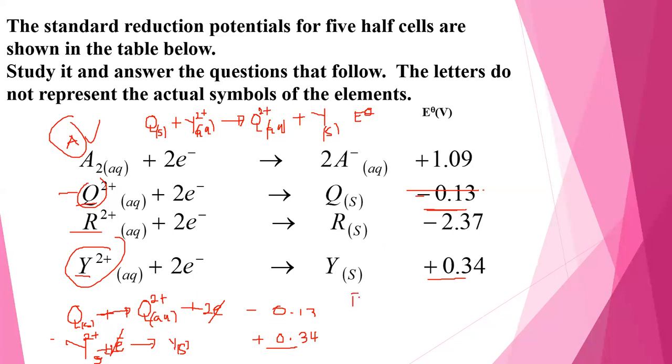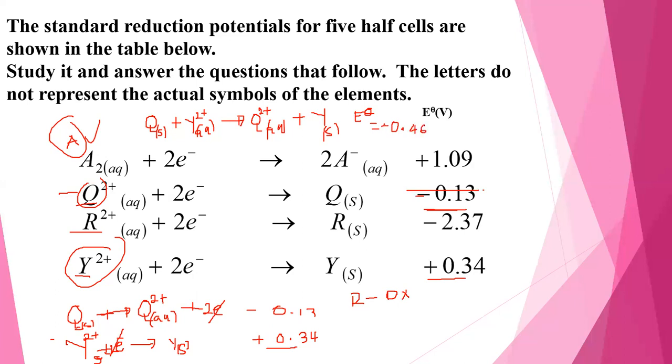Say that reduced minus oxidized. The reduced one is this Y. The oxidized is this Q. So it will be 0.34 minus negative 0.12, which will be 0.34 plus 0.12, which equals 0.46.